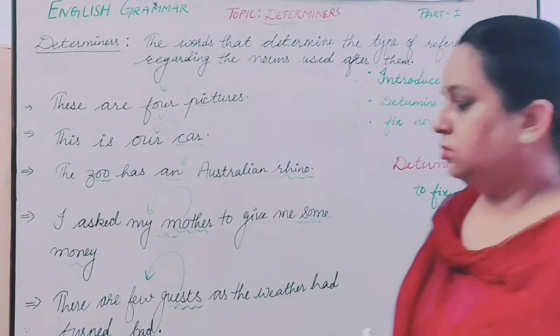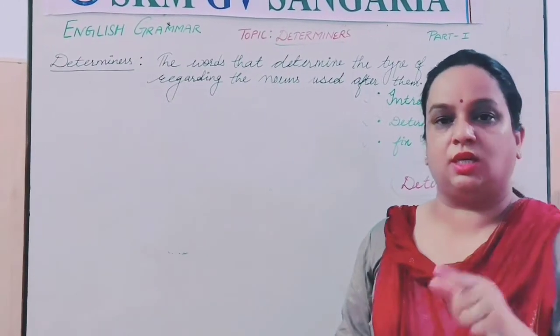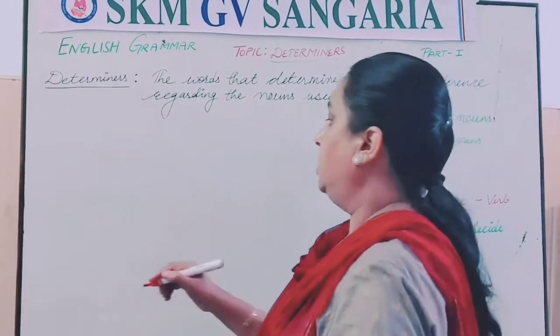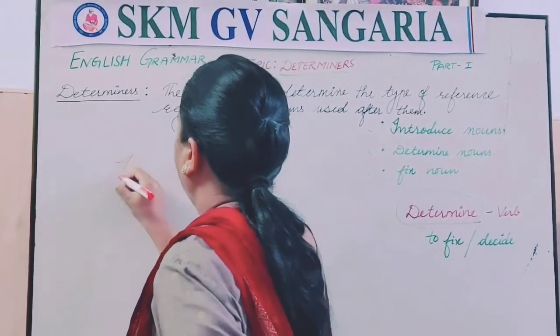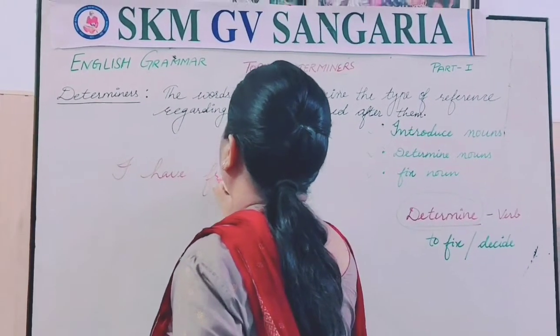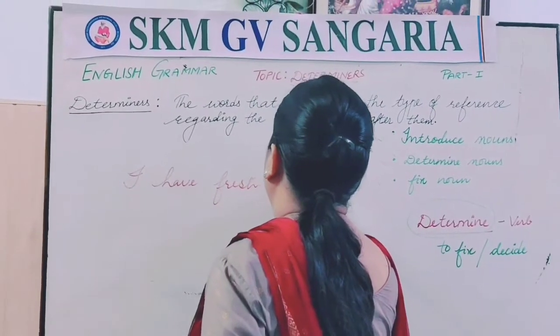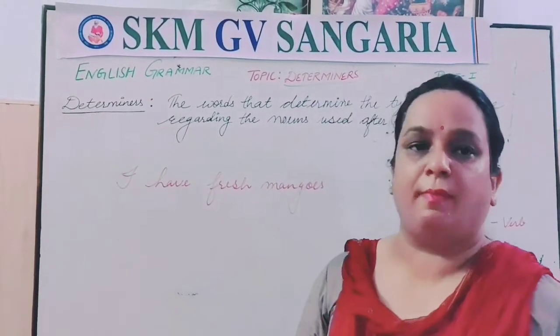How? What is the difference between the adjectives and the determiners? Suppose I say here, I have fresh mangoes. This is the sentence, I have fresh mangoes.